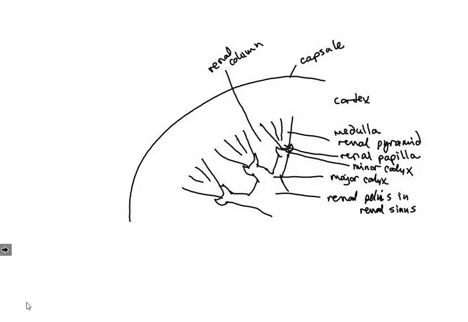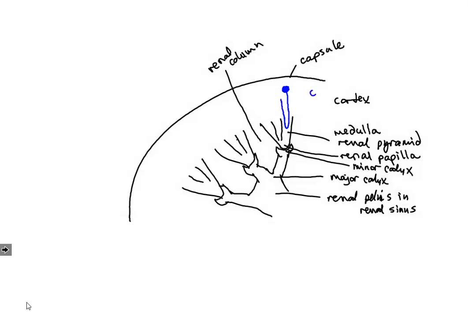Now, where the business of the kidney really happens is in structures known as nephrons. And there are two different types of nephrons that function slightly differently and also have slightly different locations. The cortical nephrons have their glomerulus quite far into the cortex, and their loop of Henle goes down into a renal pyramid.